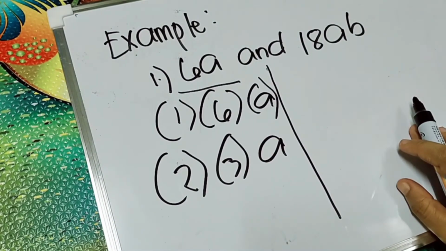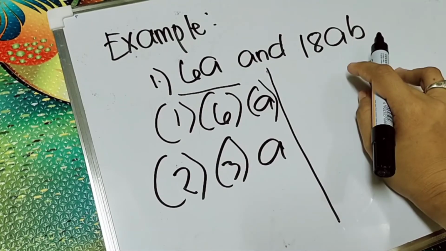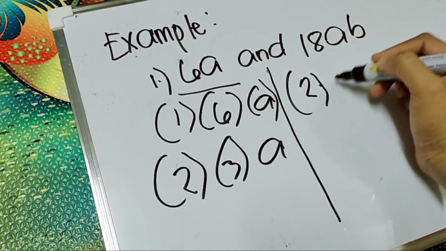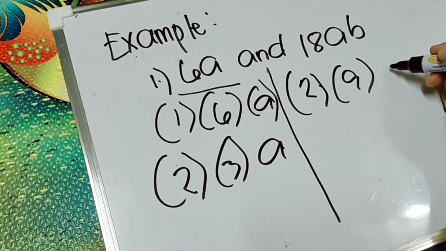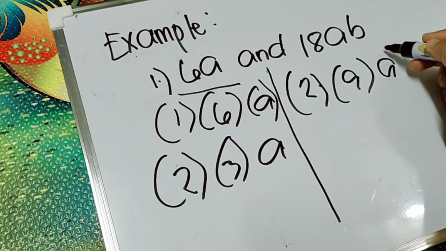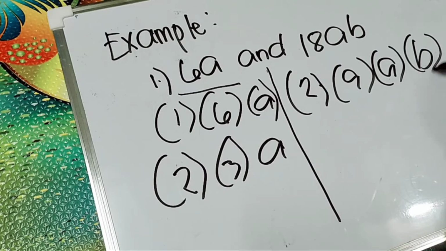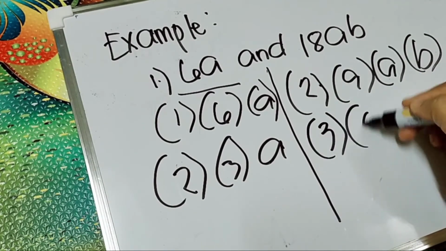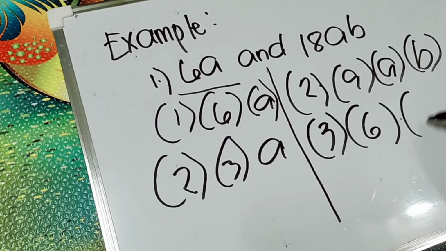And now 18ab. We have 2 times 9 times a times b. We have 3 times 6 times a times b.